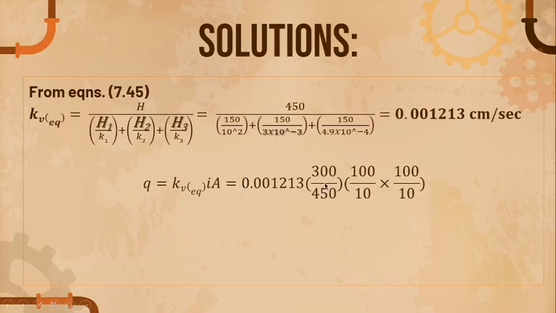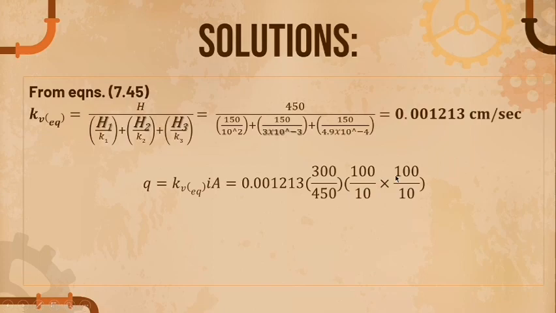Our hydraulic gradient is the constant head divided by the H. I can treat this as a small letter h, which is equal to 300 millimeters, because that's the constant head, divided by 450, the total H, times the quantity of 100 over 10 times 100 over 10.